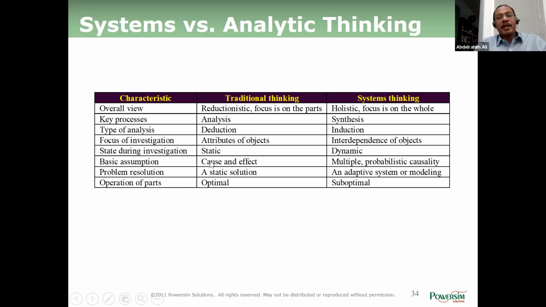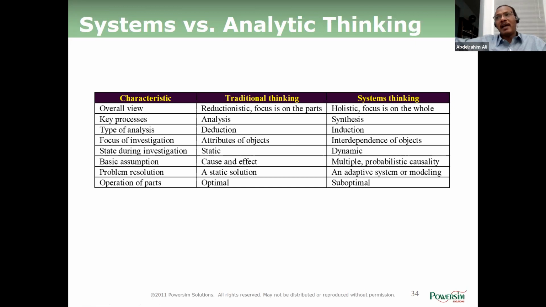The basic assumption here is cause and effect. It's just this leads to this. But in reality, there is usually multiple and probabilistic causality. Usually there is a link: A will lead to B, B will lead to C. This is in the traditional thinking, but in dynamic thinking or systems thinking, you will think A will lead to B, B will lead to C, C will lead to A somehow.